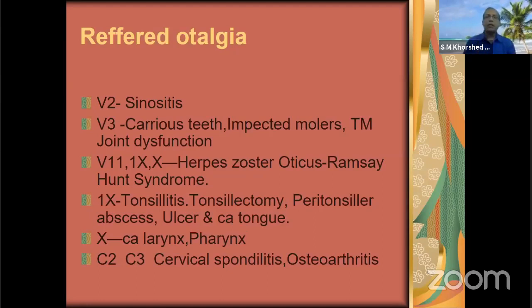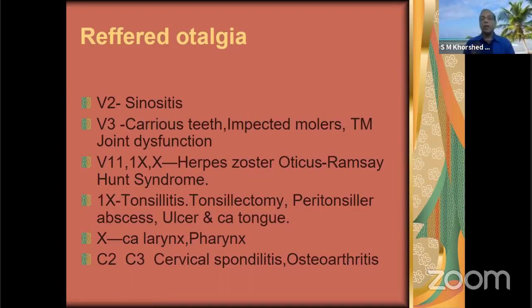Because of herpes zoster, there is viral vesicle formation or viral eruption on half of the face, along with the facial nerve paralysis. Through the glossopharyngeal nerve, there are the tonsils, tonsillitis. It can be acute tonsillitis, it can be chronic tonsillitis.